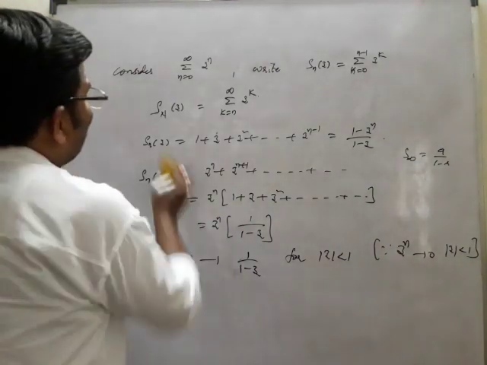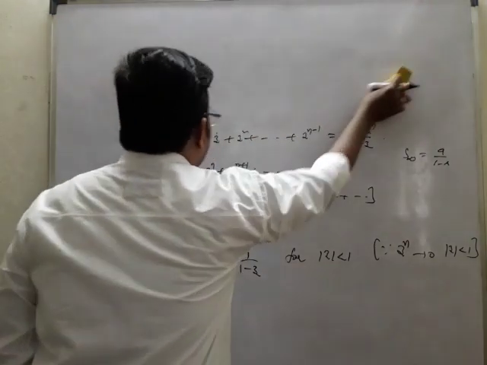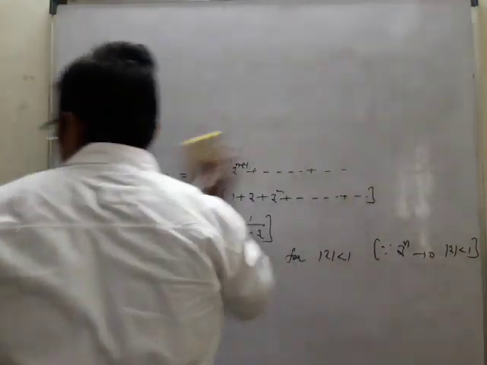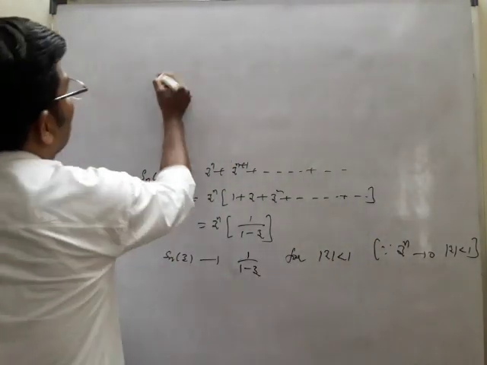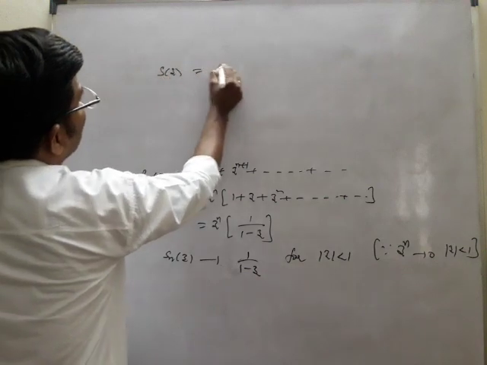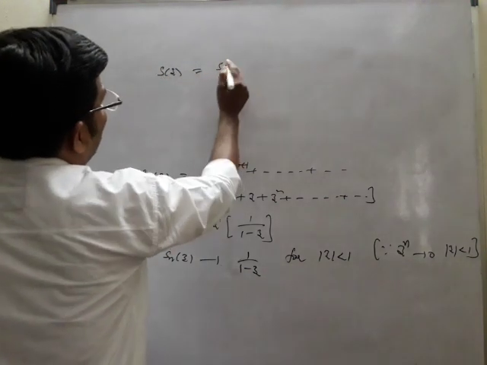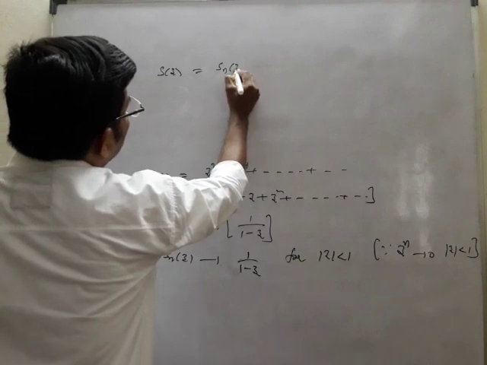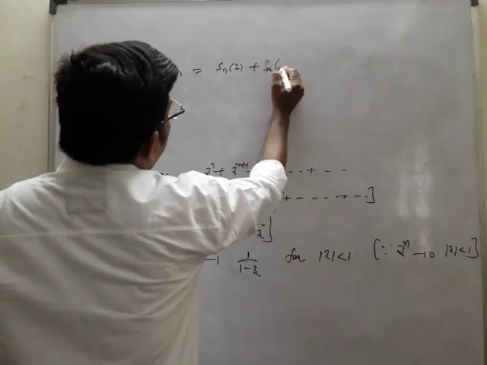Now we will try to write S of z. What is S of z? It is the combination of both the terms: S of z is Sn of z plus rho n of z.